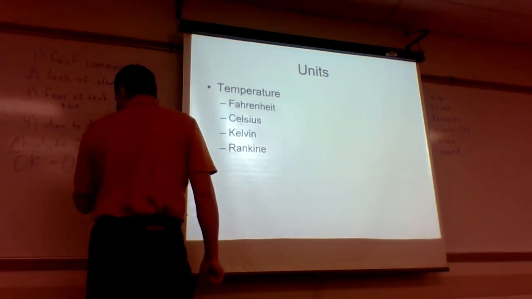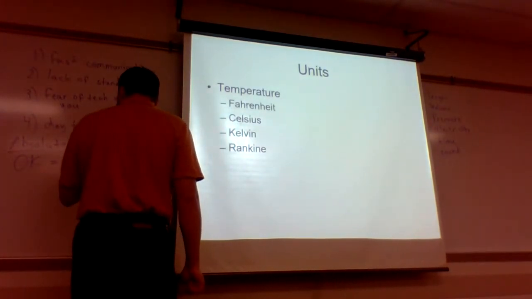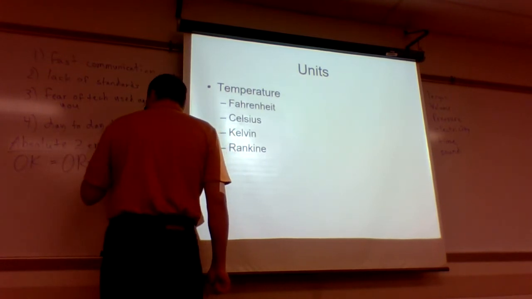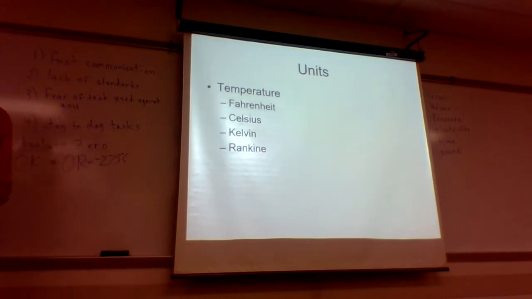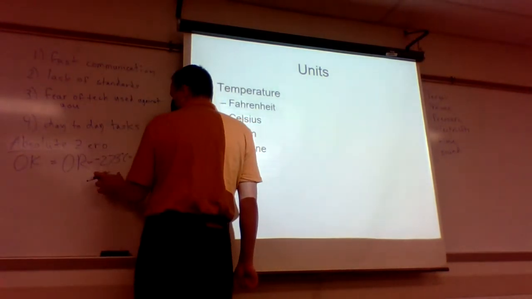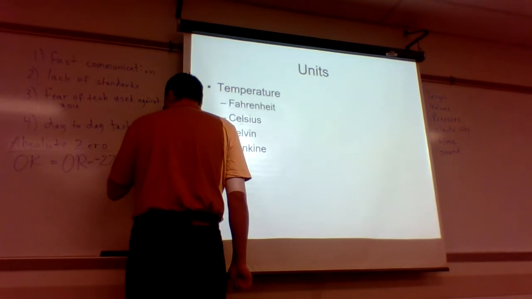Now, if you've had chemistry before, you know to get from Kelvin to Celsius, it's a 273 degree difference. So 0 Kelvin is approximately minus 273 degrees Celsius. In Fahrenheit, it works the same way. To get from Rankine to Fahrenheit, it's a difference of about 460.